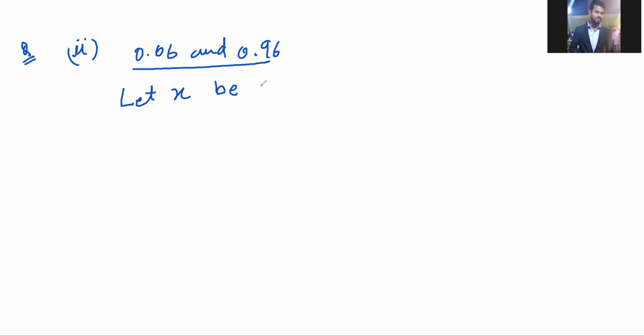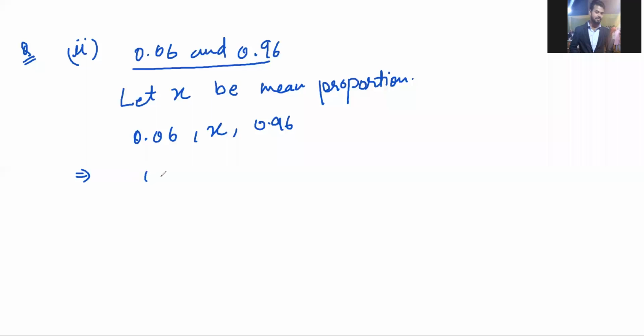So let X be mean proportion. So we will write 0.06 comma X comma 0.96. They are in continued proportion. So what relationship can we make? 0.06 ratio X is equal to X ratio 0.96. Okay, so this relationship we can make.